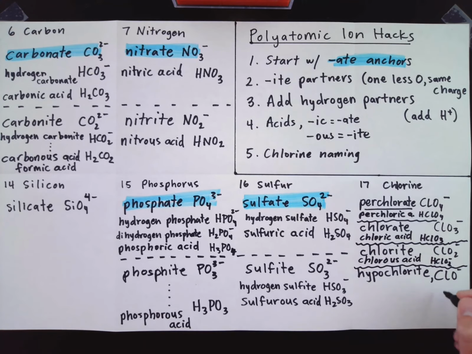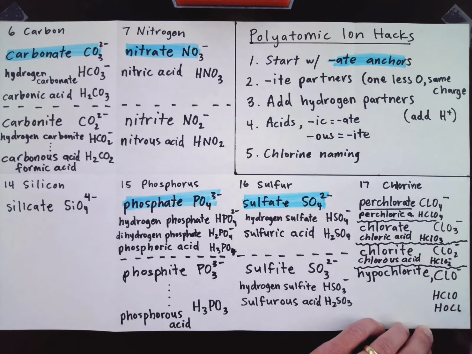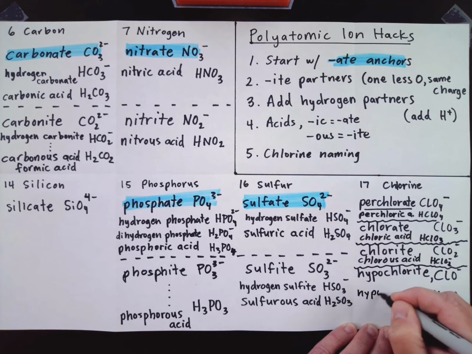And then hypochlorite as an acid, sometimes written HOCl. It turns out that the hydrogen is actually bound to the oxygen in the molecule, is hypochlorous acid.